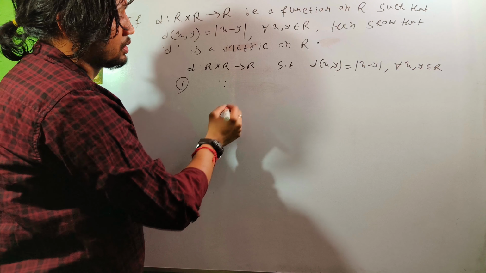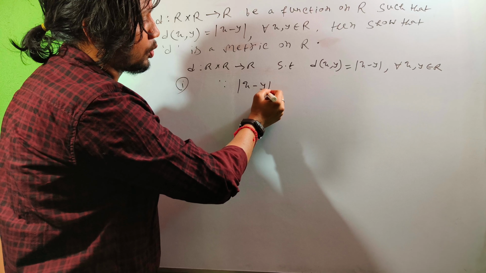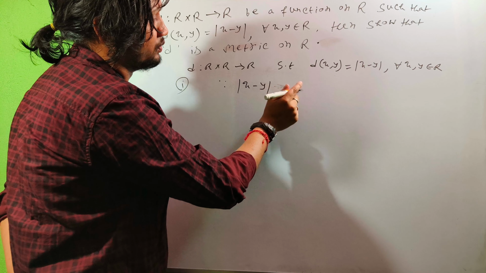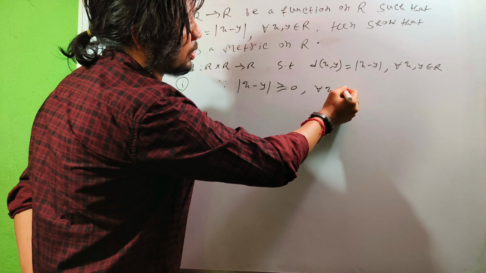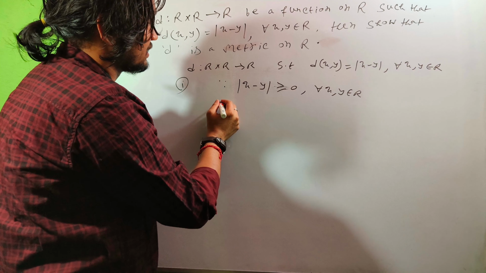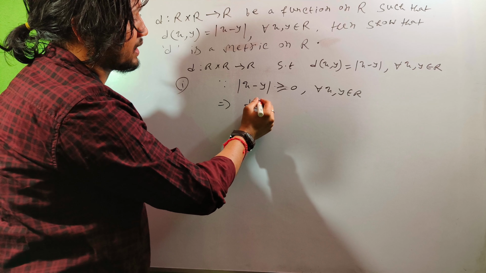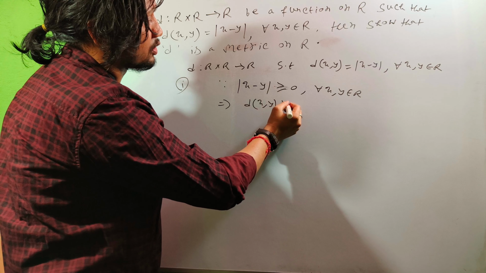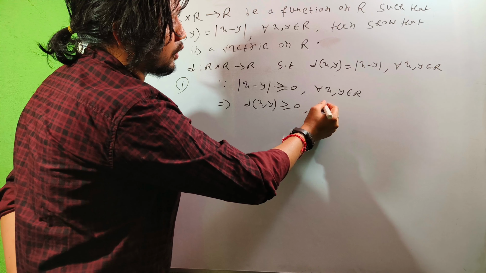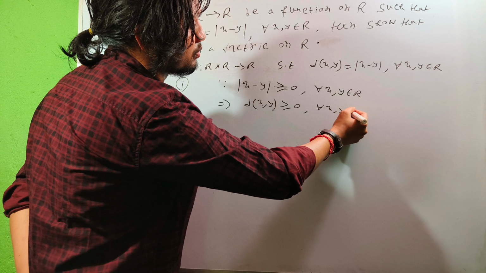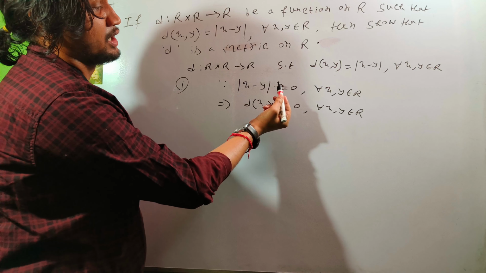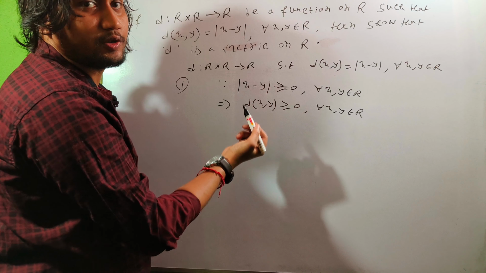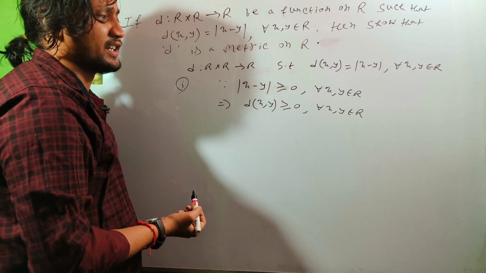Since mod of x minus y is always greater than or equal to 0 for all values of x comma y belongs to R, this implies that D of x comma y is also greater than or equal to 0. As we know, the modulus function is always either greater than 0 or equal to 0 but never negative.